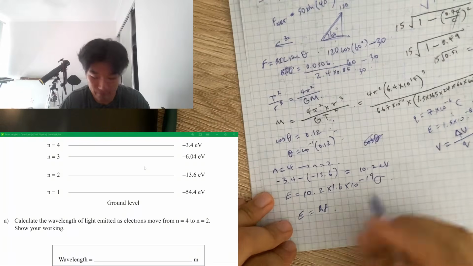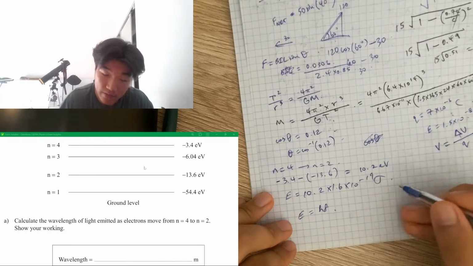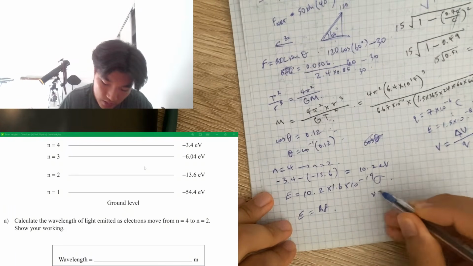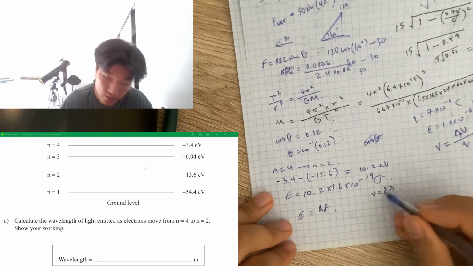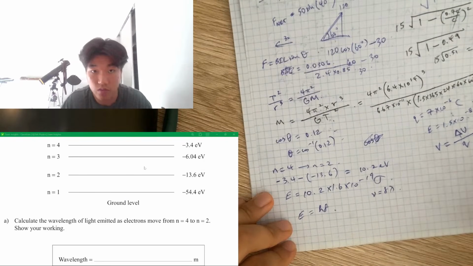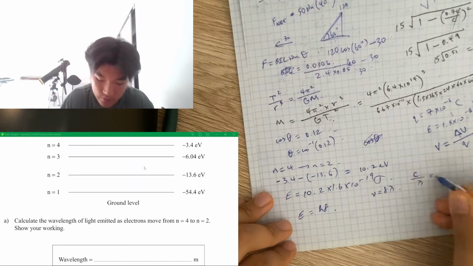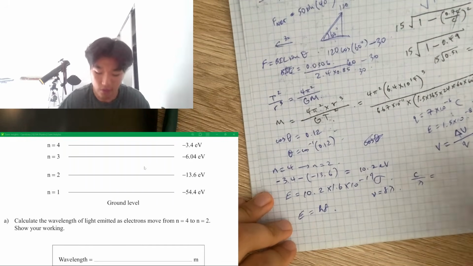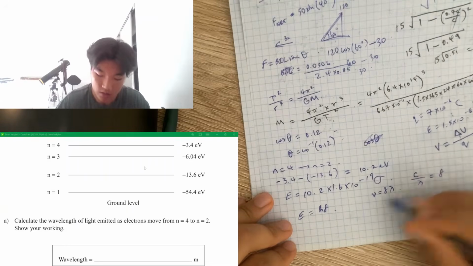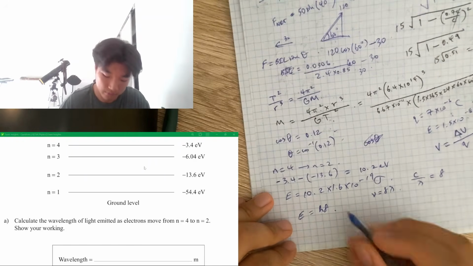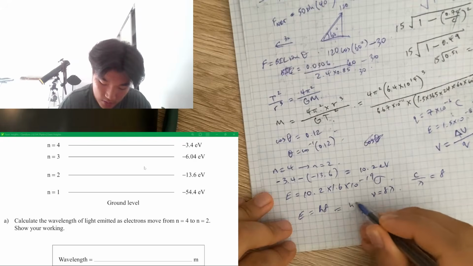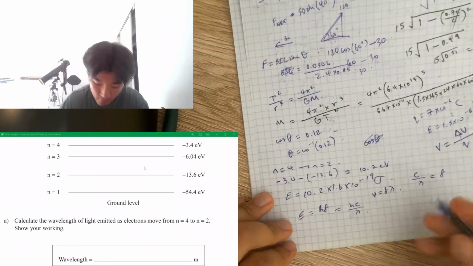That's the formula. Using the wave equation, v equals f lambda, we can rearrange for f. In this case, we're talking about light, so it's actually c as v. The speed of light is the velocity in this case. We divide by lambda on both sides to rearrange for f. So this becomes hc over lambda.